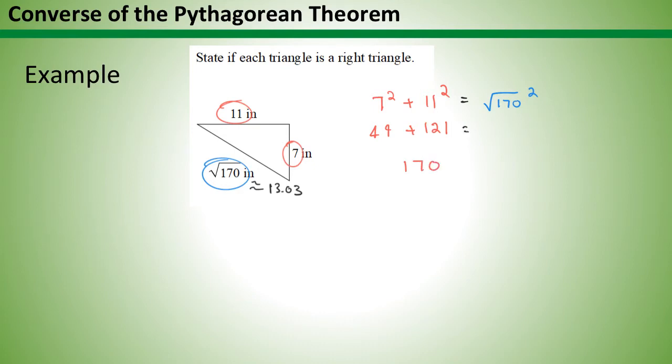Over here, the square root of 170 squared is 170, so that is 170. So that's perfect. This is a right triangle. If it's a true statement, it is a right triangle. If it's not true, then it's not a right triangle, okay?